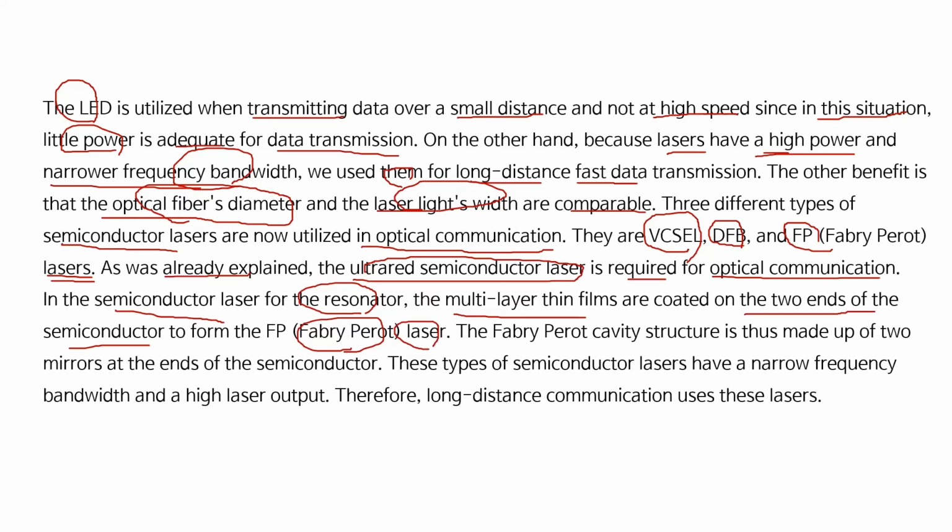The Fabry-Perot cavity structure is thus made up of two mirrors at the ends of the semiconductor. These types of semiconductor lasers have narrow frequency bandwidth and high laser output. Therefore, long-distance communication uses these lasers.